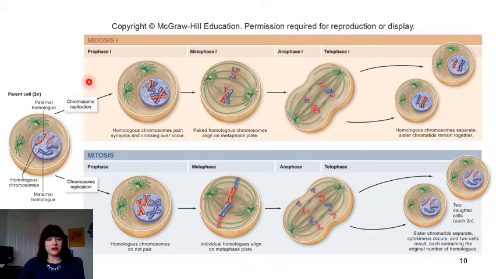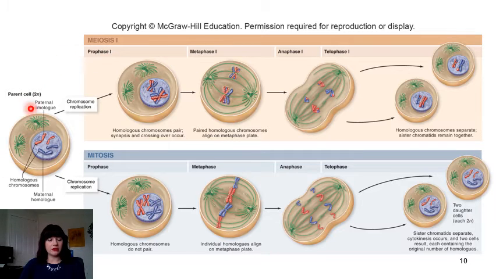And during meiosis, we have meiosis 1 and meiosis 2. Meiosis 1 is on this slide, and meiosis 2 is going to be on the second slide. You can see that meiosis has all the same steps as mitosis. We have prophase, metaphase, anaphase, and telophase. But some of the details are different.